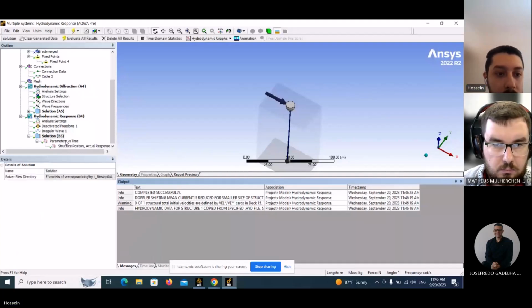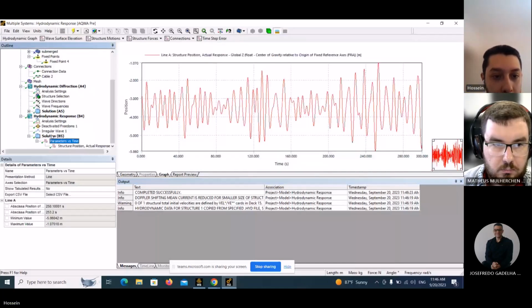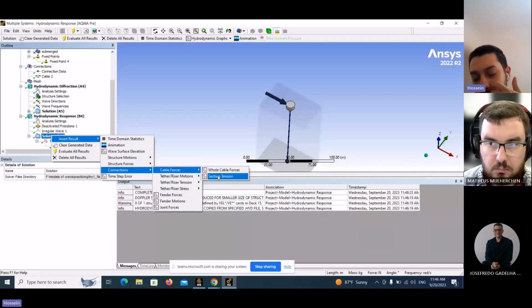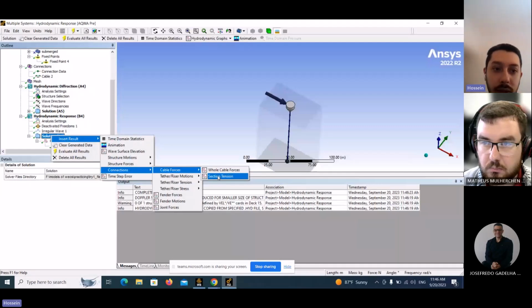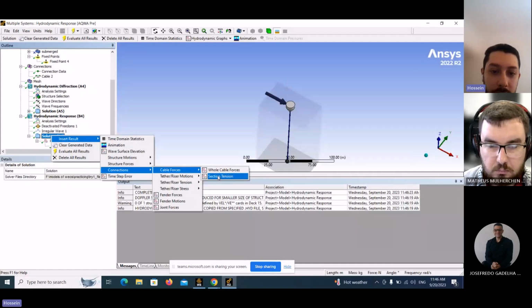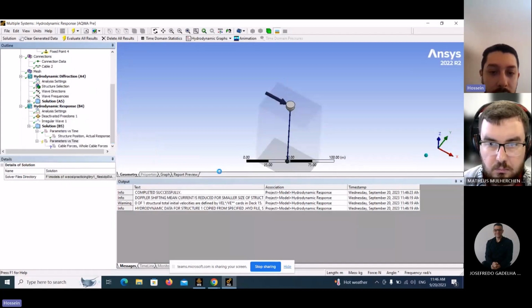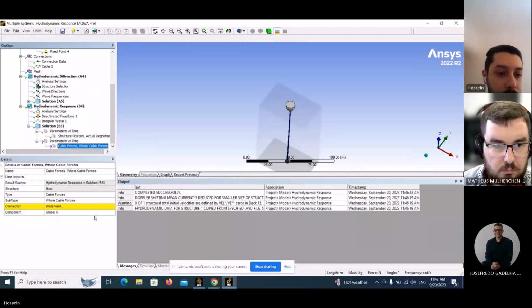Okay. On the connections, you can see the cable forces and the whole cable forces or section tension. Section tension, I think it's related to the catenary cables with different sections stiffnesses. But the whole cable forces, we can see.